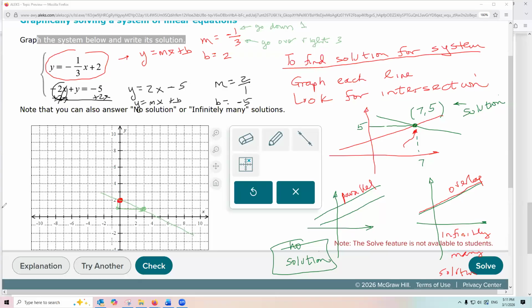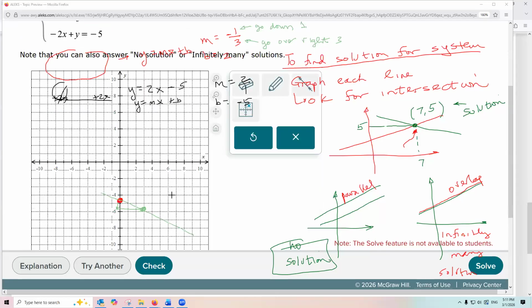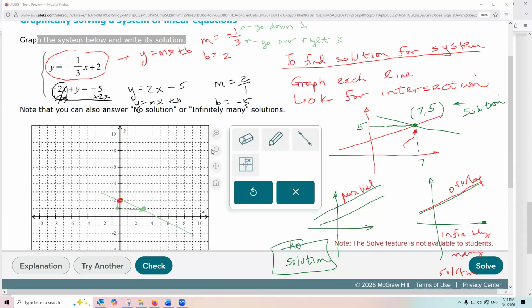All right, let me scroll down a little bit here. I'm going to regraph these using the ALEKS graphing tool. Let me get rid of this for a second.